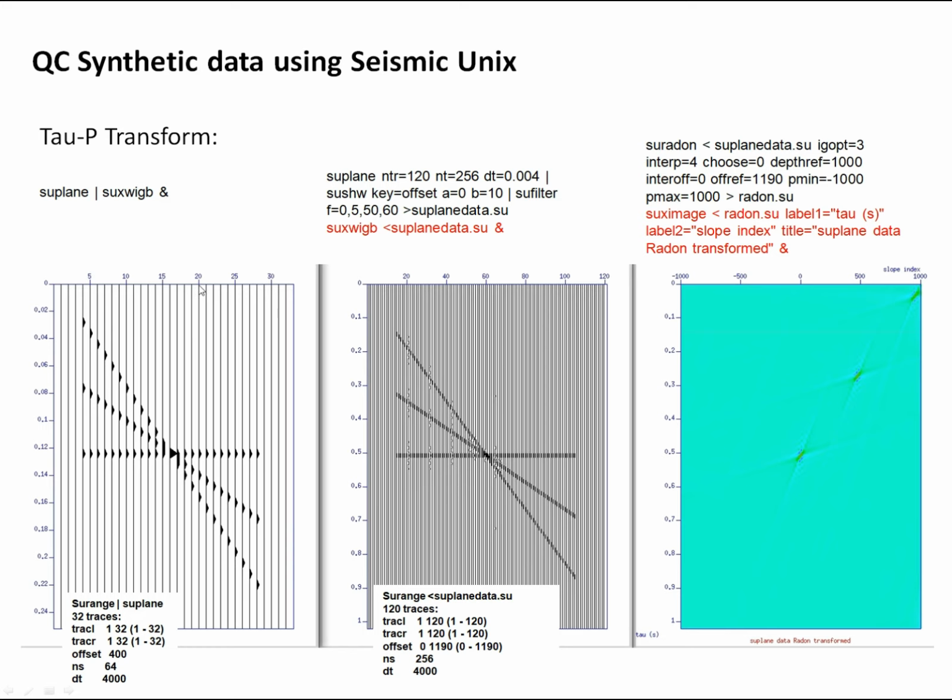If you do surange, you can see how many traces: here you have 32 traces, and then in the middle display you have 120 traces. So there are 3 traces interpolated in between every 2 traces. This is just to avoid aliasing issues, otherwise you will see aliasing in your final results. So you can use this script to perform the tau-p transform.